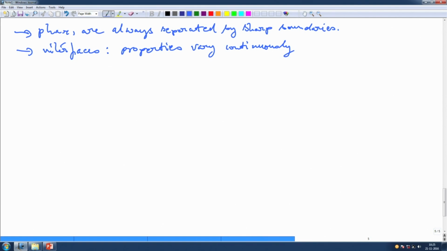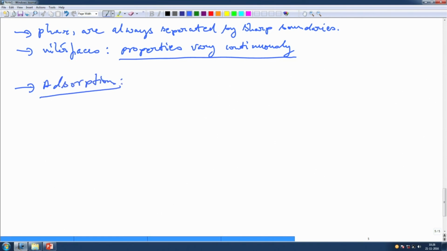So, rather than a sharp jump, the properties vary continuously across the interface. We will take a look at how this happens and how it affects the corresponding adsorption and wetting behavior. One important phenomenon that happens in these cases is adsorption, and we will see how adsorption plays a role here.